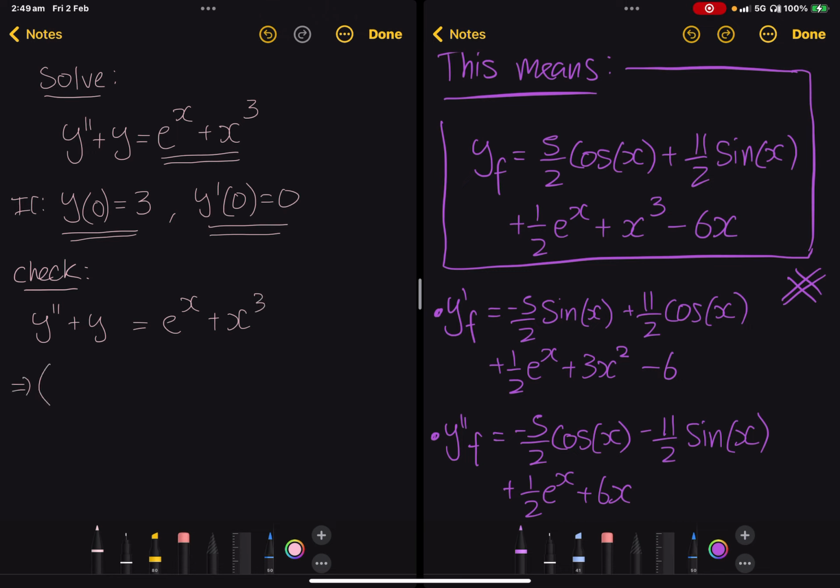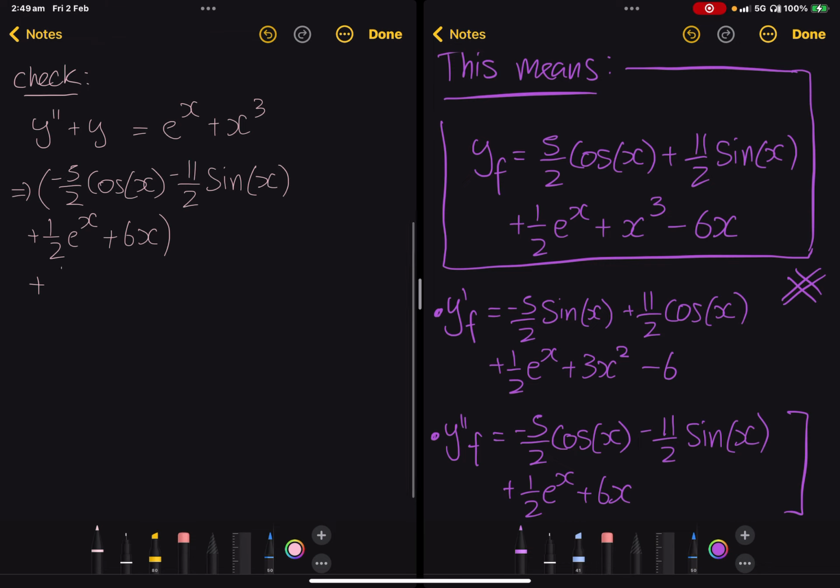So we get y double prime is this: minus 5 on 2 cosine of x, minus 11 on 2 sine of x, plus 1/2 e to the x plus 6x. We have to add to this y.